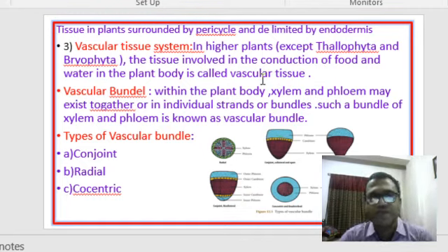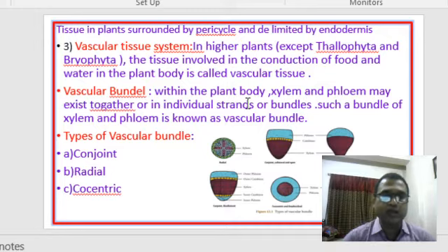Within the plant body, xylem and phloem may exist together or in individual strands or bundles. Such a bundle of xylem and phloem is known as vascular bundle.